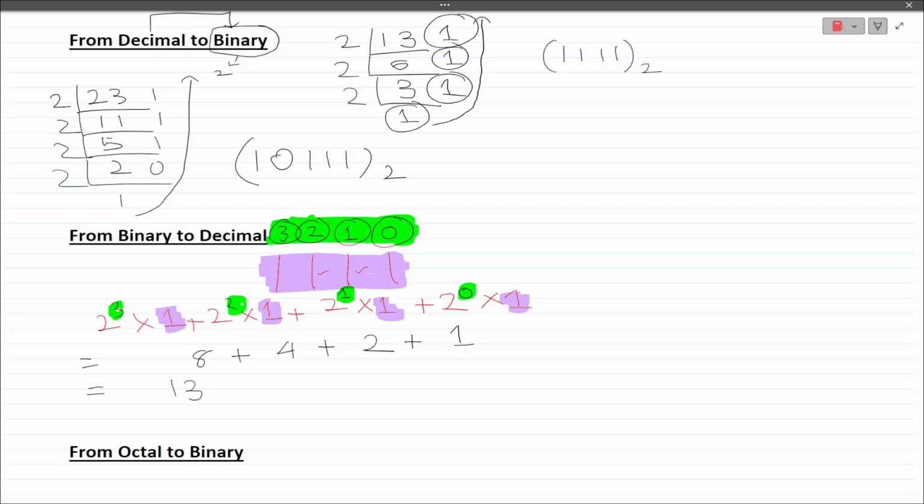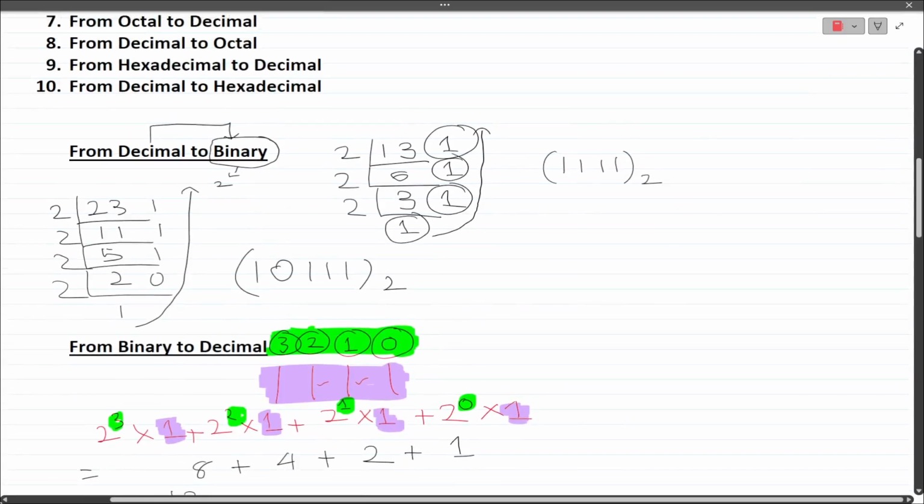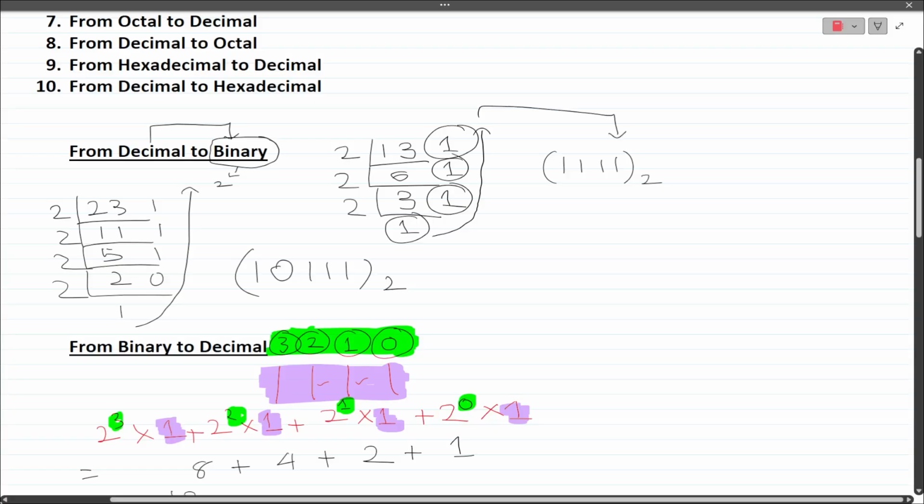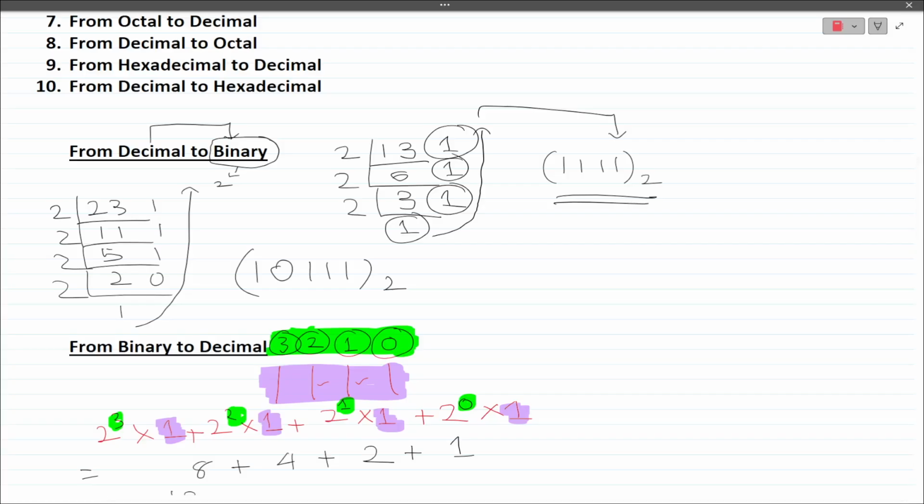If you observe this carefully, I have taken the same binary number that we got in the previous example. In our previous example, our decimal number was 13, and when we converted that to binary, the result that we got over there is 1101.